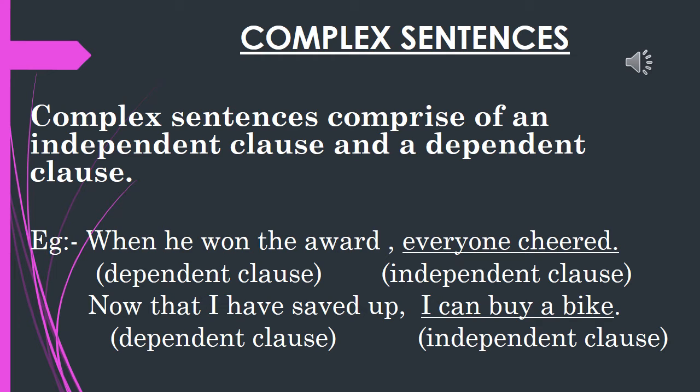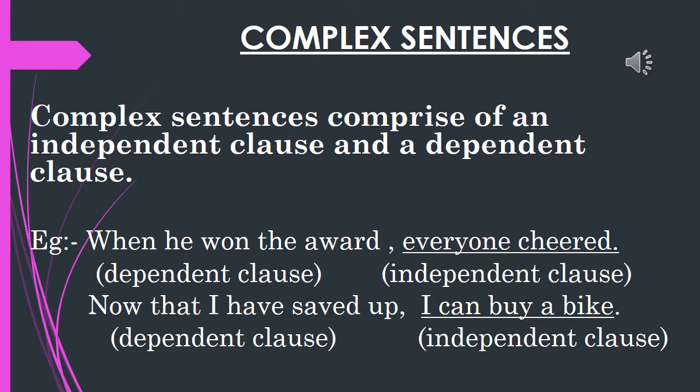See the next example. Now that I have saved up, I can buy a bike. See the first clause. Now that I have saved up. Is it giving you a complete sense or a complete thought? No. So it is a dependent clause. See the second clause.